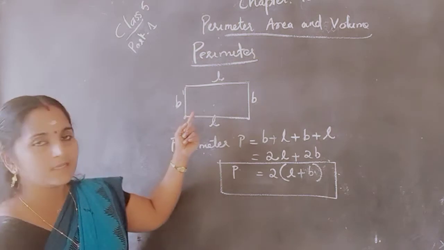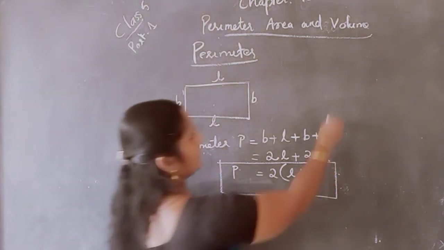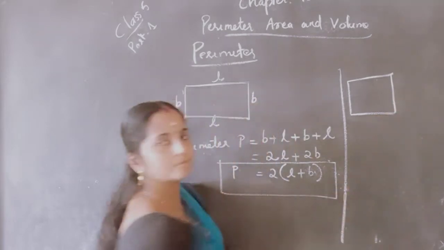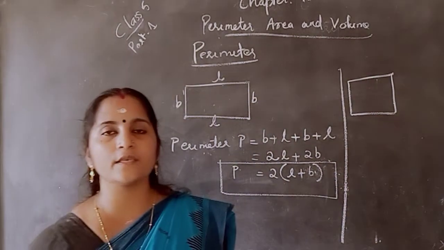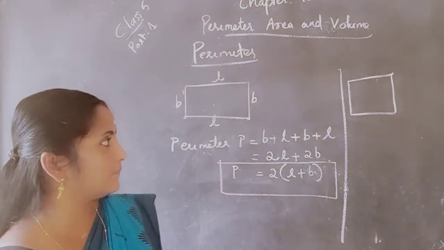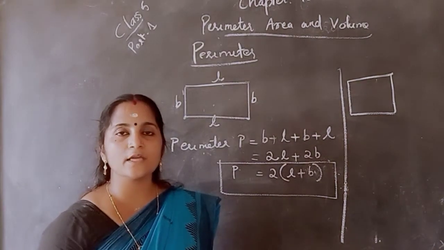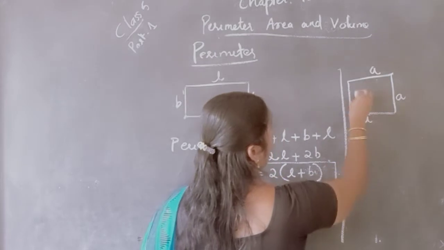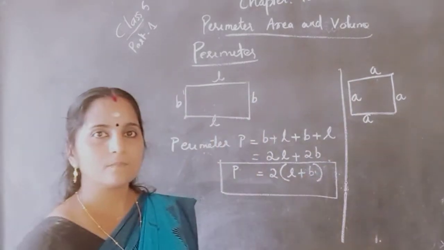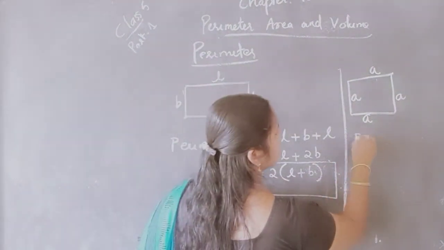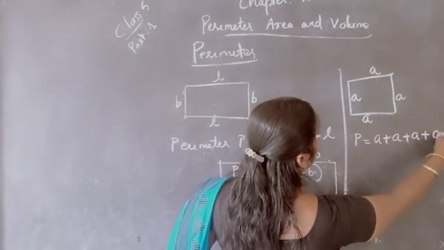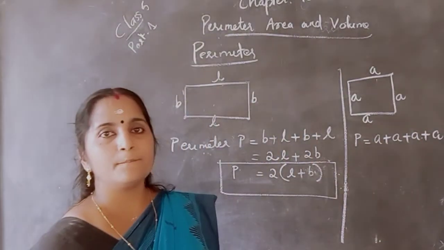So if, instead of this figure, we have another one, a square, can you say how we find out the perimeter? Square means we know that all the sides are equal, so we mark it as A. And perimeter is equal to, add all the 4 sides, we get the perimeter.